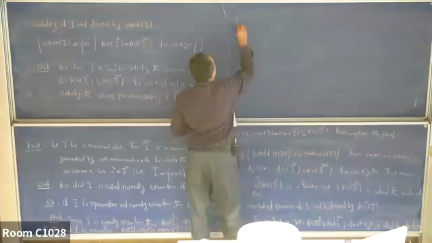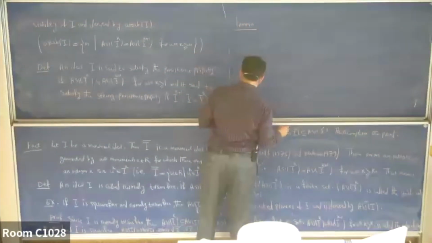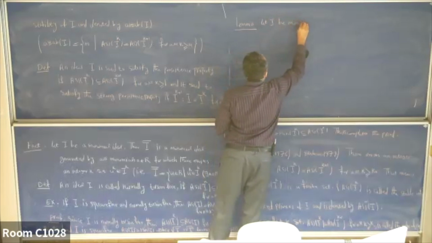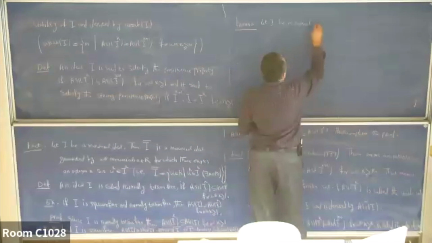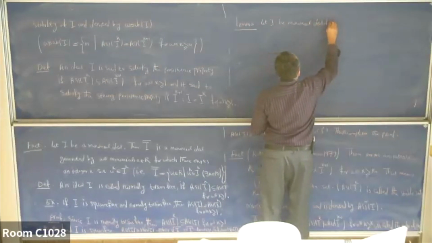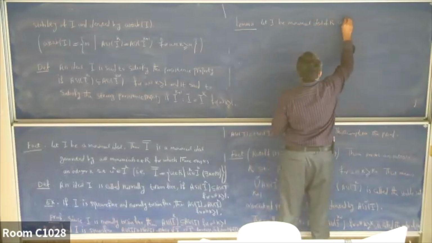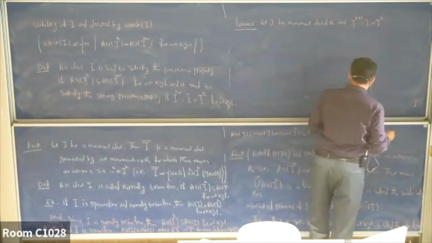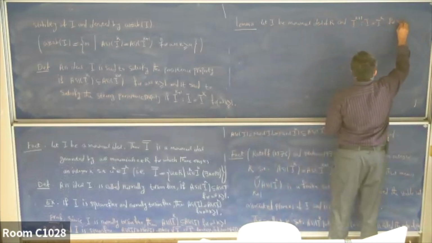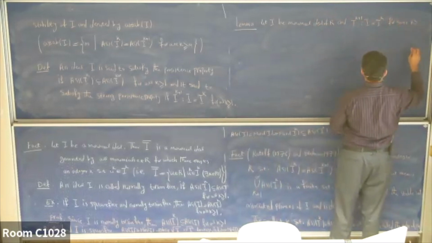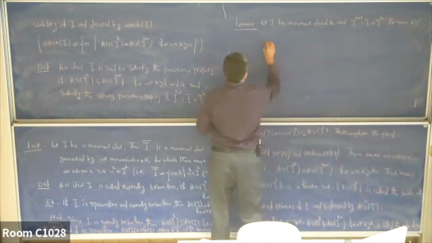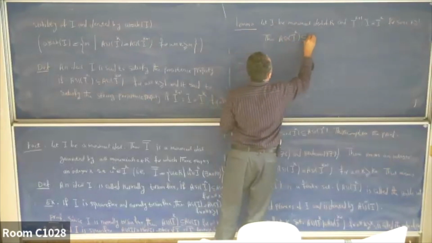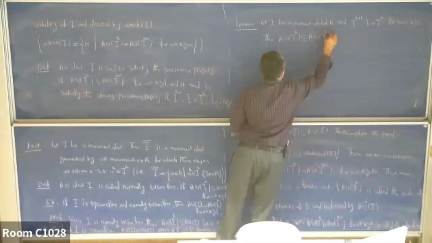So, lemma: let I be a monomial ideal of R and A^(K+1) colon A is equal to A^K for some K. Then S of A^K is contained in S of A^(K+1).